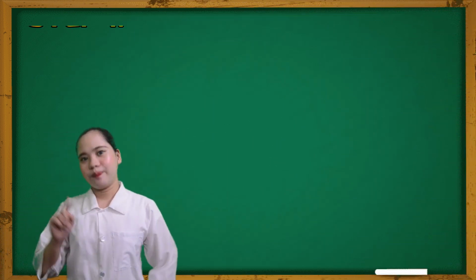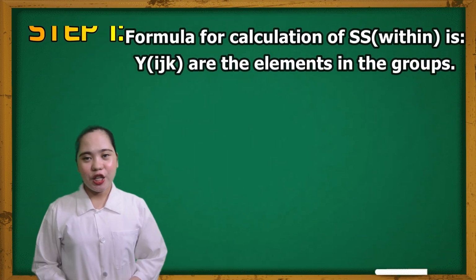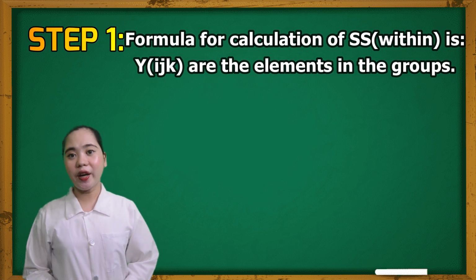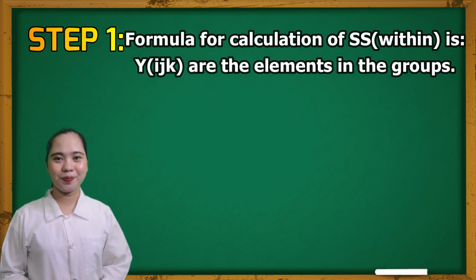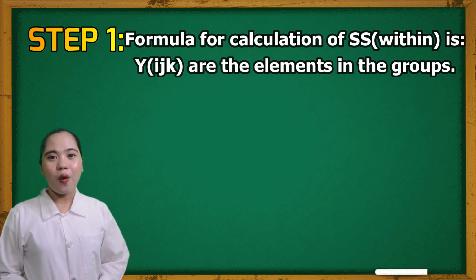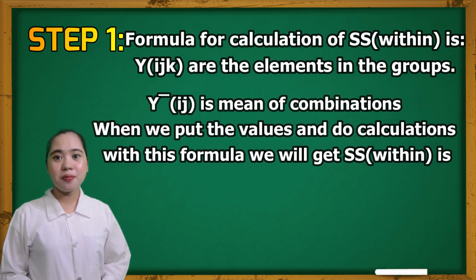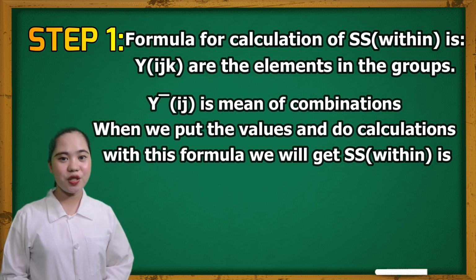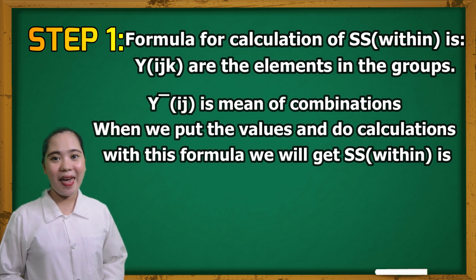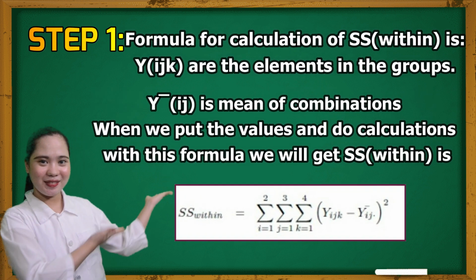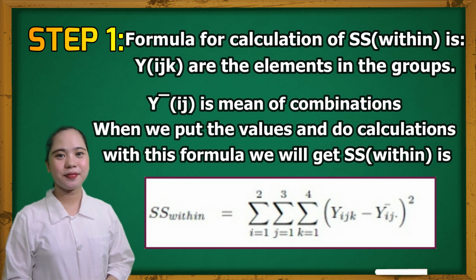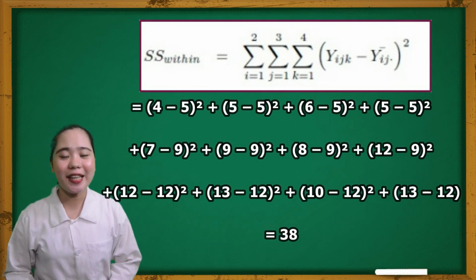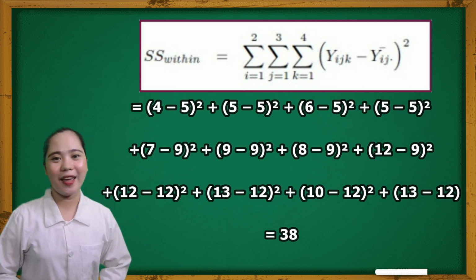For step 1, in the formula for calculation of SS, Y sub ijk are the elements in the group, and Y sub ij is the mean of combinations. When we put the values and do calculations with this formula, our answer is equal to 38.